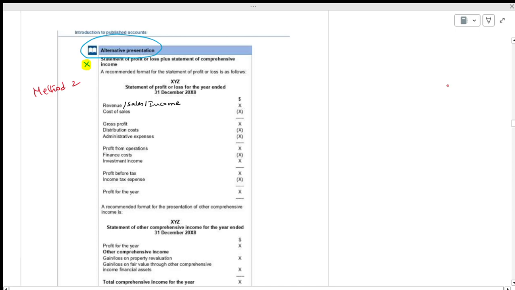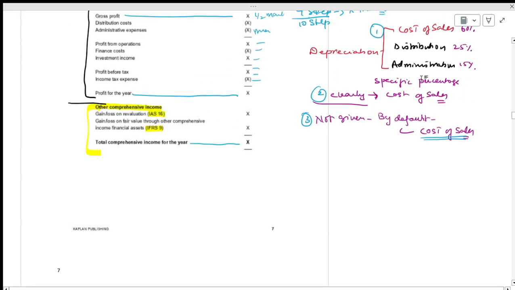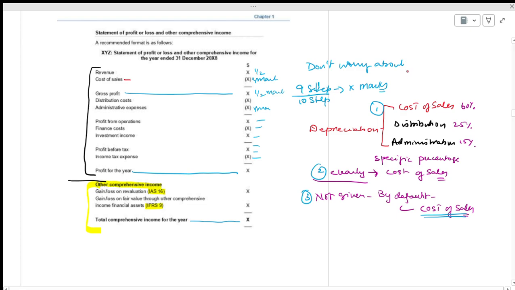Whether you do method 1 or method 2, till here it will be the same. Only thing is you will have a difference in OCI, that's all. We are doing this always, this method only.